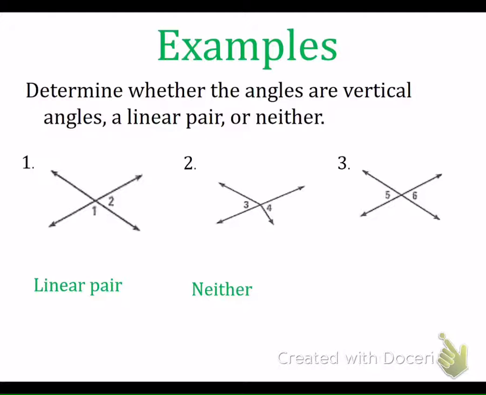Okay, now this one. Do you see how they're across from each other and the lines are intersecting? One more trick is to trace the angles. If it makes two V's that are pointing at one another, vertical. Okay? Number 2 might trick you up on that, but it actually has to be straight lines.